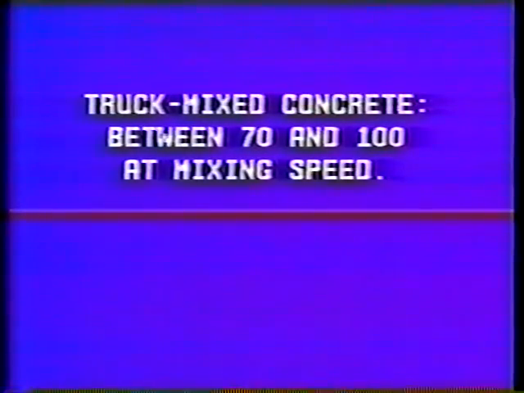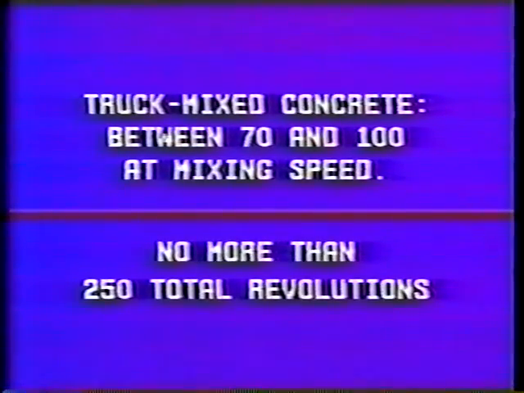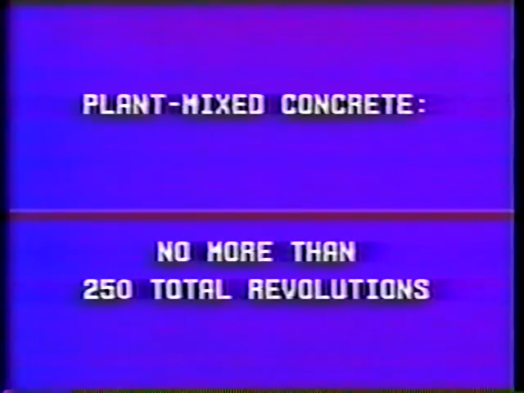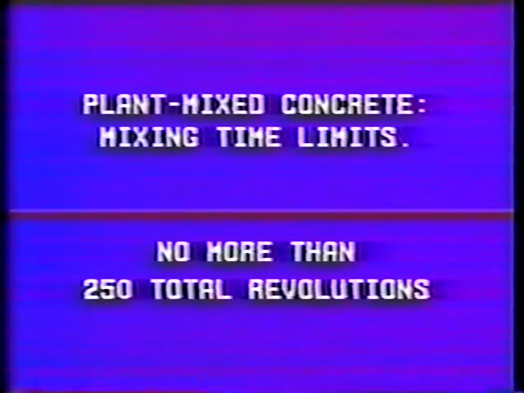If it's truck mixed concrete, it has to be mixed between 70 and 100 revolutions at mixing speed, and no more than 250 total revolutions, counting both mixing and agitating revolutions. If it's plant mixed concrete, there are mixing time limits for the central mixer, but the same 250 total revolutions limit applies for the hauling units, whether they're truck mixers or agitators.